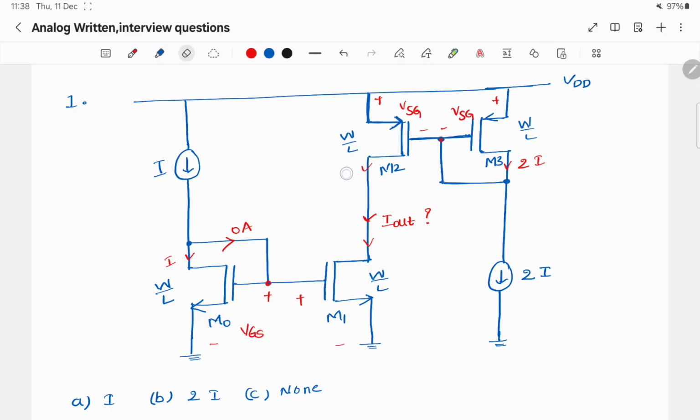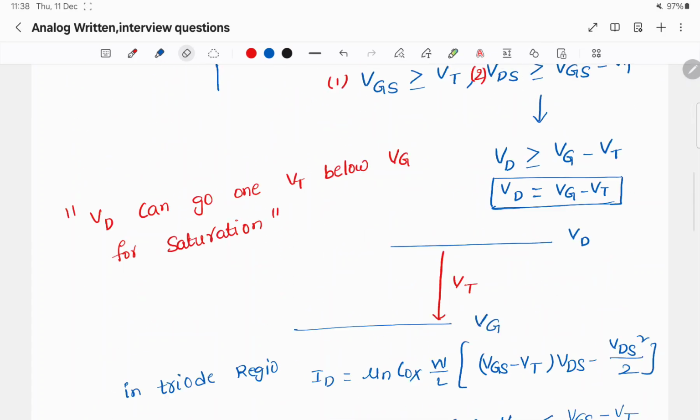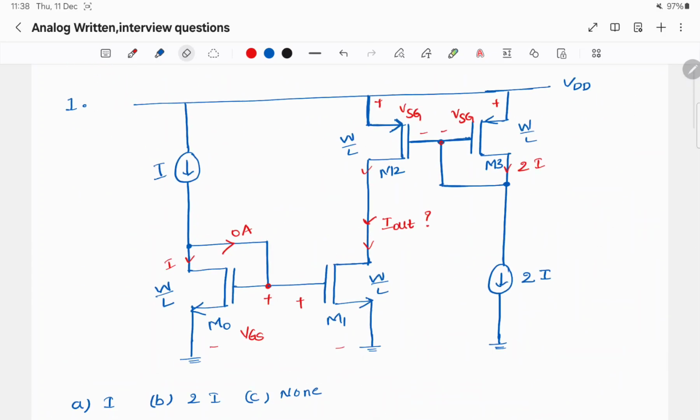So the fundamental principle here is, let us say initially both M1 and M2 are in saturation. Assume initially that M1, M2 are in saturation.